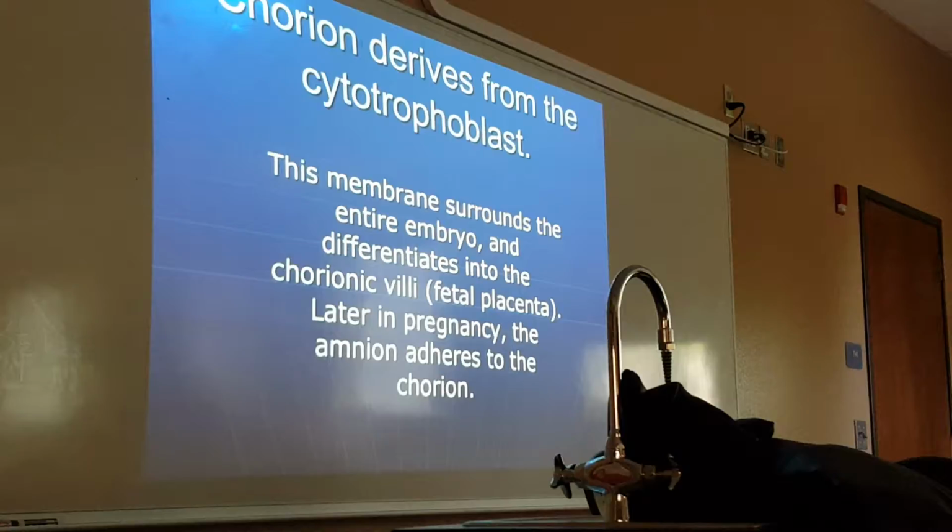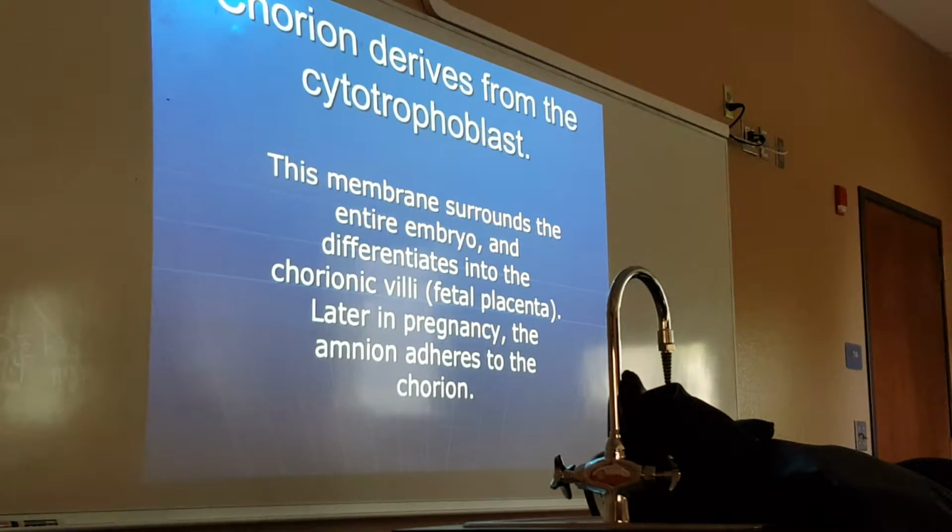The chorion derives from the cytotrophoblast, and this membrane surrounds the entire embryo and differentiates into the chorionic villi, which are the functional unit of the placenta and comprise the fetal placenta. Later in pregnancy, at first the chorion's way out here and the embryo's way inside.